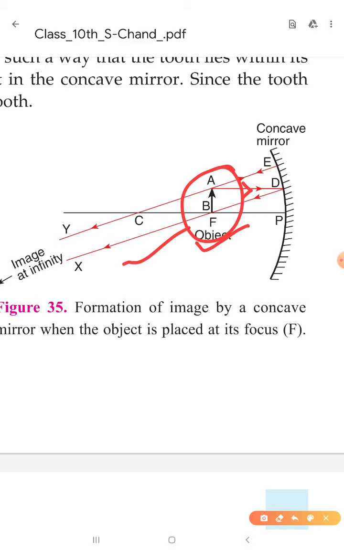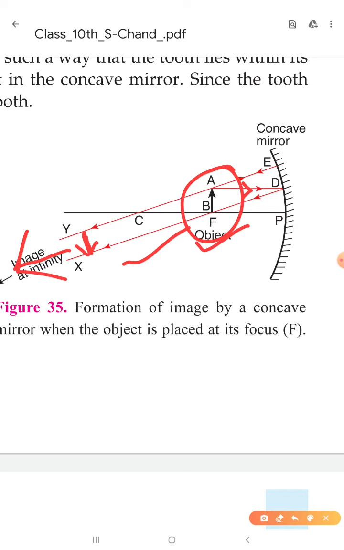Second thing we will do, we will incident a ray through the center of curvature, then after reflection it will move along the same path through the center of curvature. These two reflected rays are not diverging, not converging. These are parallel to each other. So these parallel lines will meet far away, we can say at infinity.